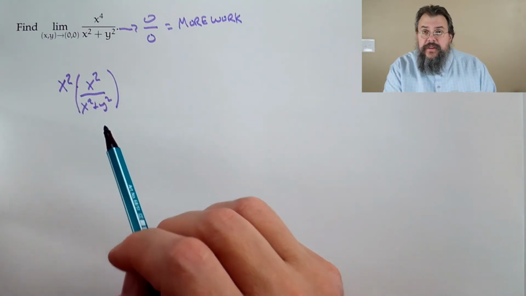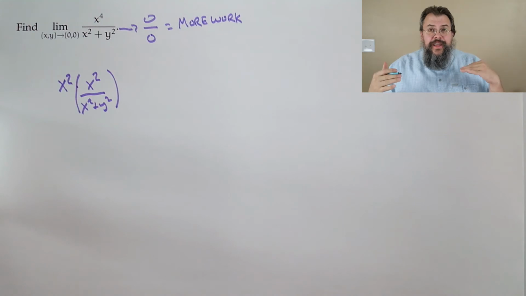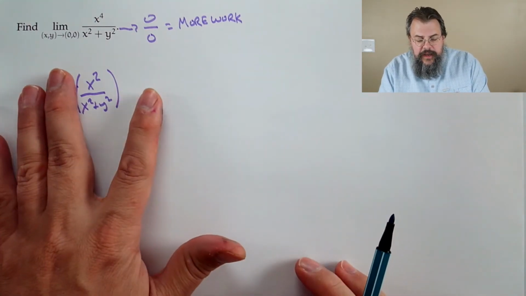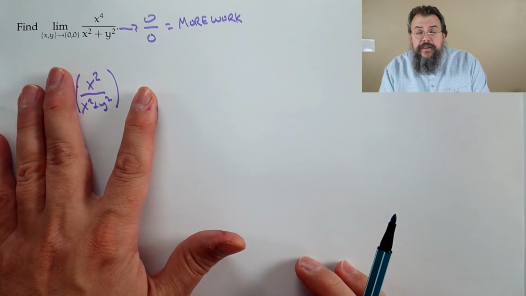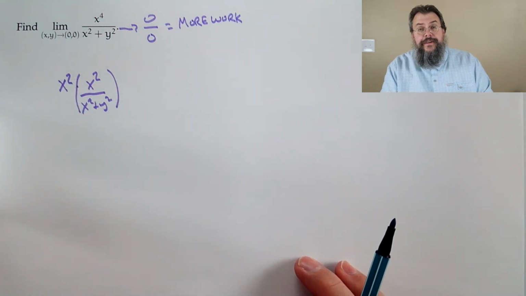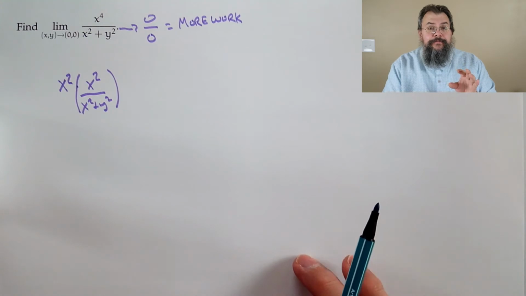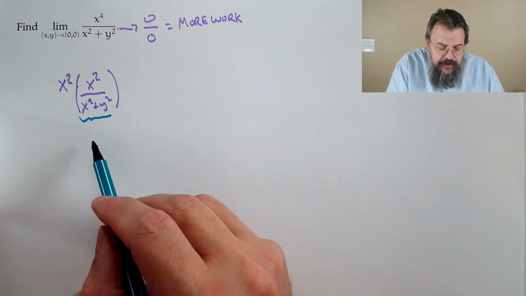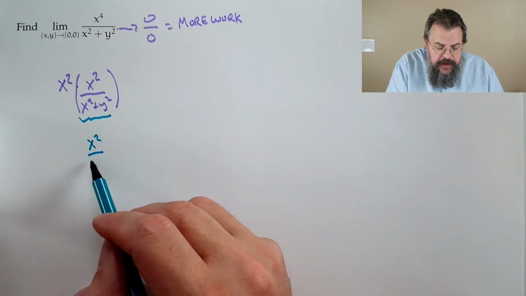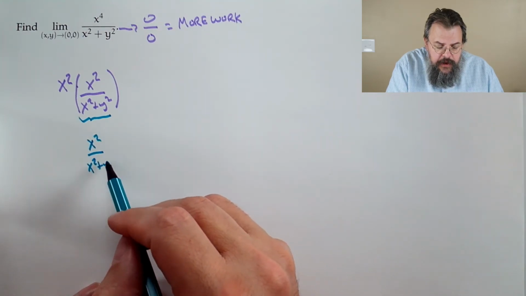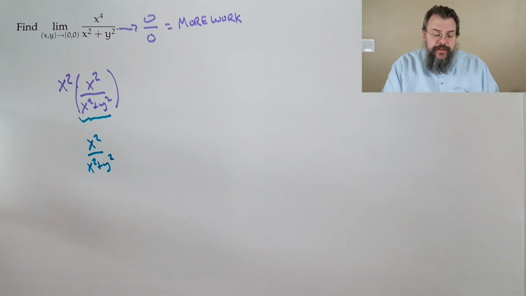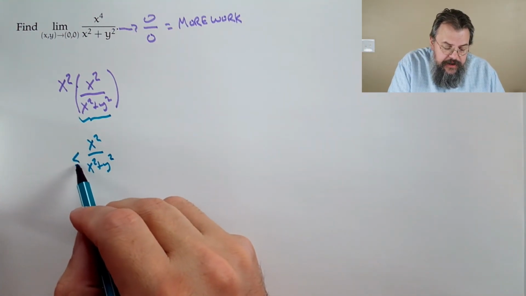Now, it's not going to always be the same answer. It turns out this limit, if you covered up this x squared here, that limit by itself does not exist. But we're going to come back to it. Let's see what we can say about x squared over x squared plus y squared. Well, one thing for sure, everything's being squared, so it's definitely greater than or equal to 0.